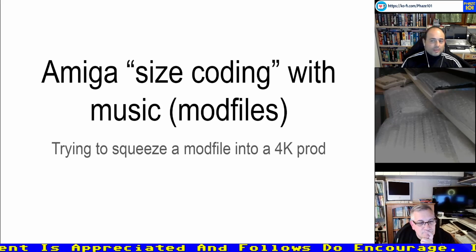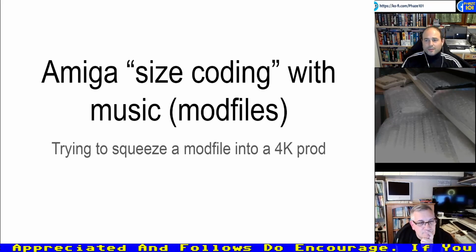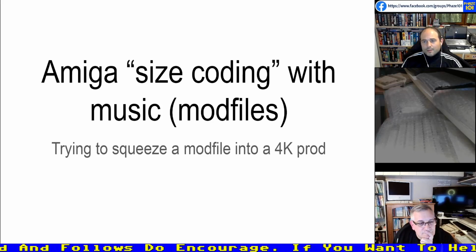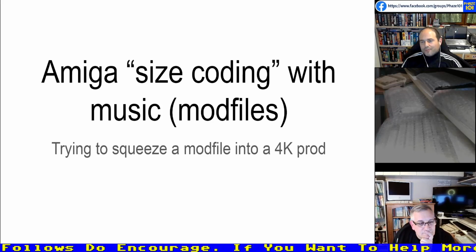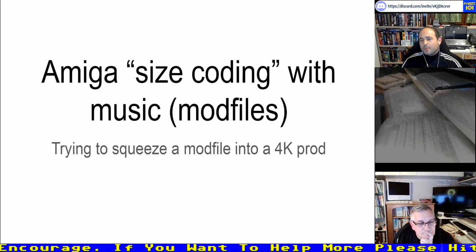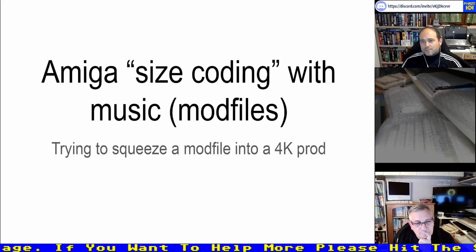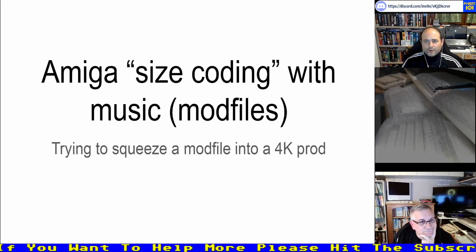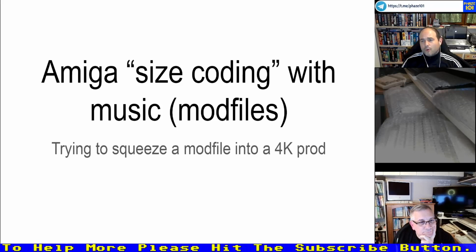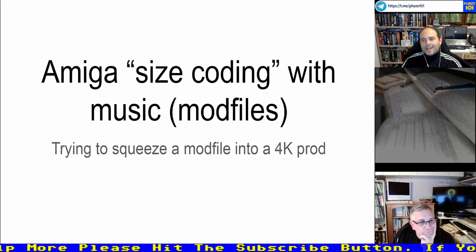Given this, I started with the big topic, which is music or sounds, as you prefer. You already know that the Amiga has this chip called Paula, which is able to reproduce 4 different channels. But of course, you have to feed Paula with some data.